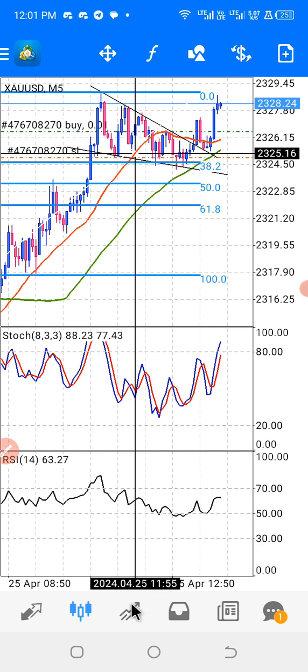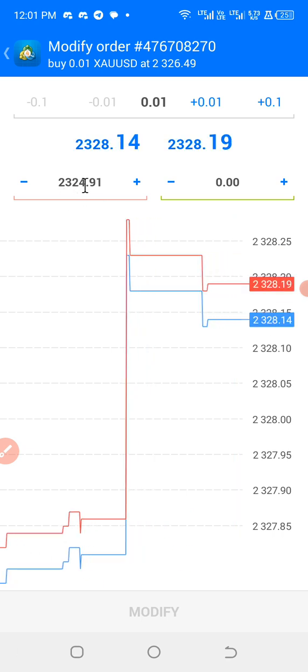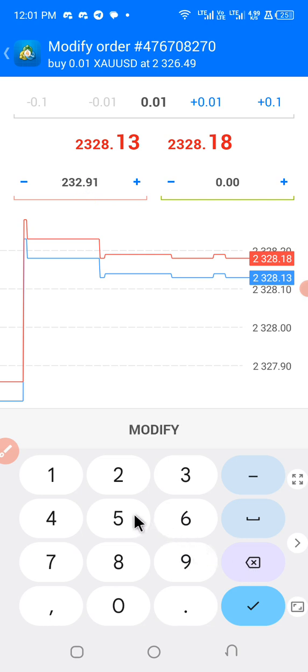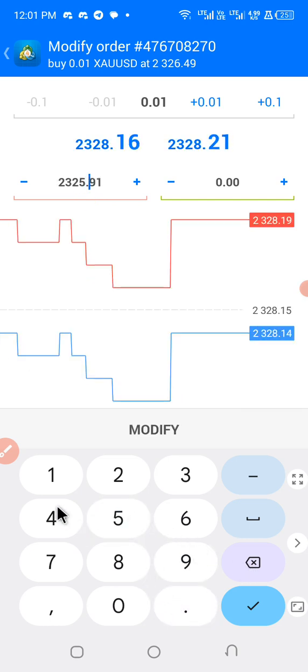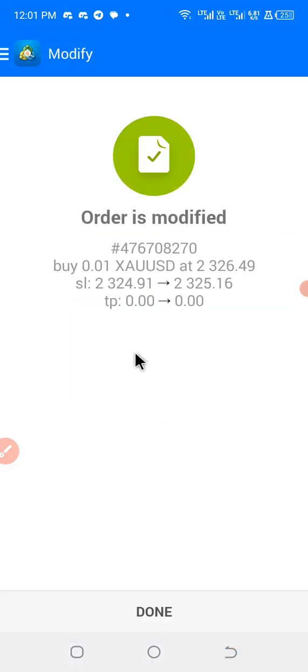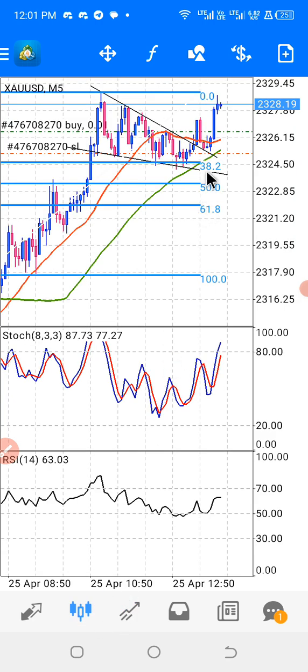Okay, so I've trailed my stop loss further. As price is moving in my direction, I continue to trail.